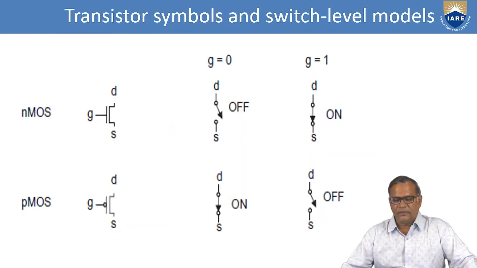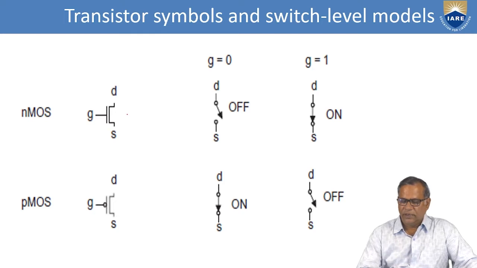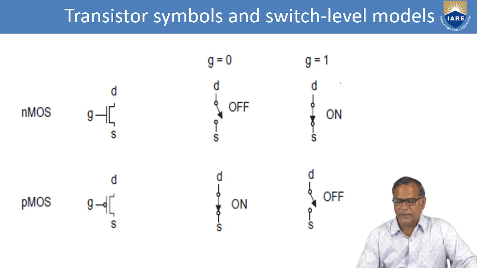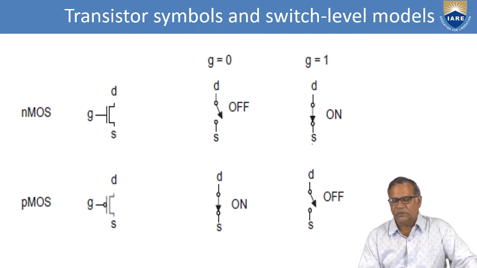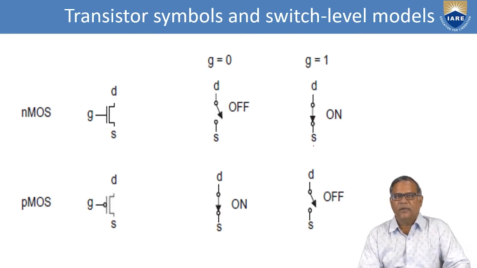So these are the transistor symbols and switch level models. For the N MOSFET, just now I told that if you apply a positive voltage to the gate, then the MOSFET is on, and you can imagine that the switch is closed. So you can imagine the MOSFET like a switch.